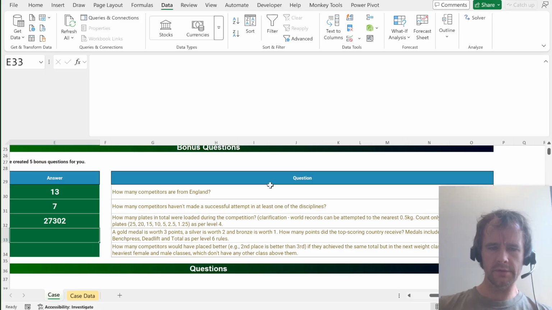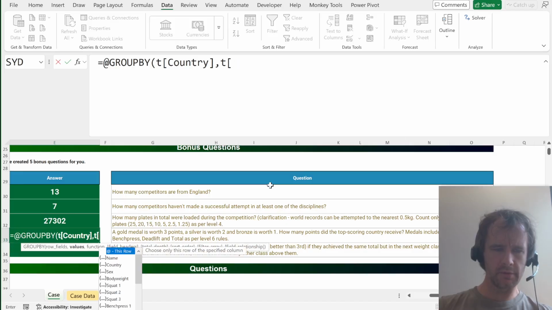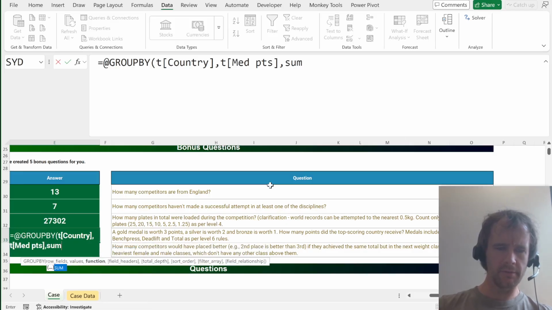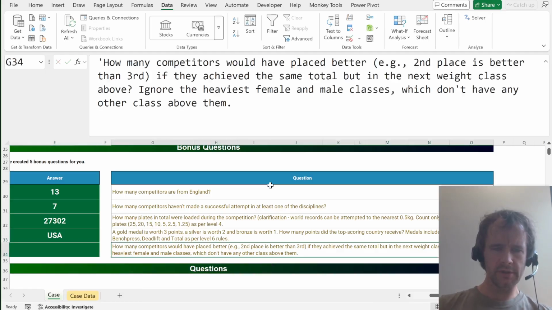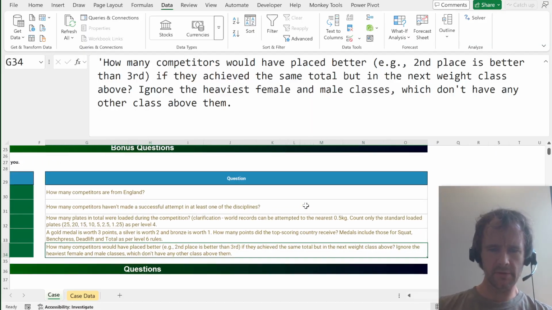And then I want a GROUPBY key country, key medal points, SUM 0, 0, minus 2. Not surprising. How many competitors would have placed better if they achieved the same total but in the next weight class above?